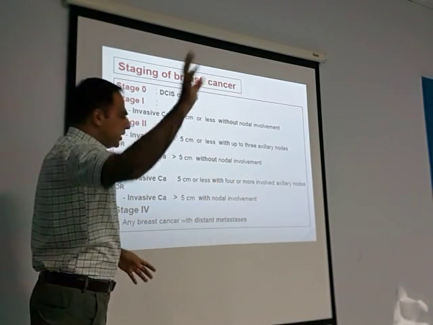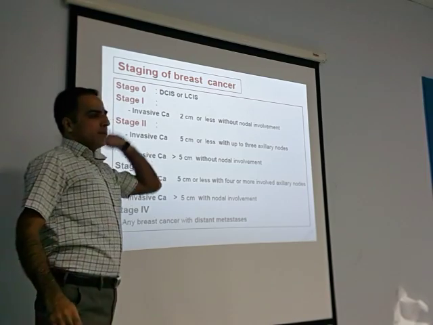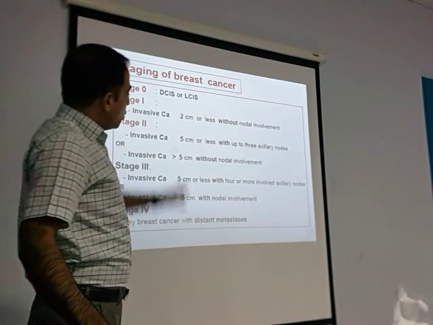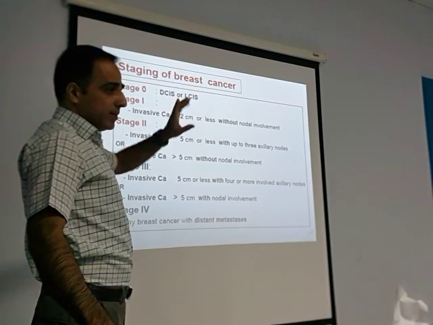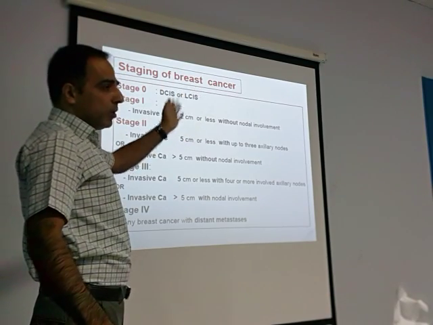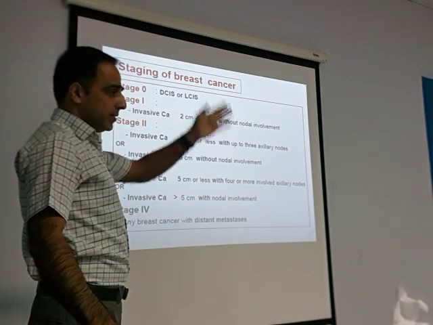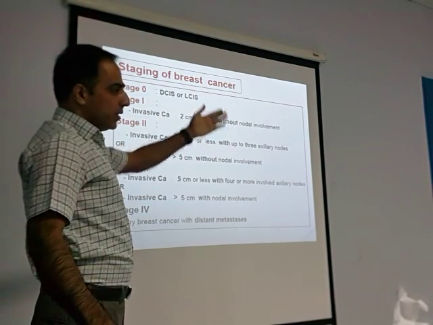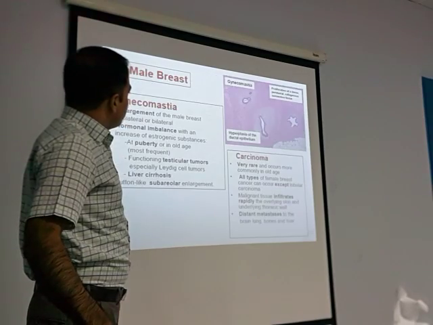Stage 4 is the metastasis. So this staging, go home and read about it. Remember 2, 5 size: up to 2, 2 to 5, or more than 5. And lymph nodes up to 3, 4 or more, and distant metastasis.